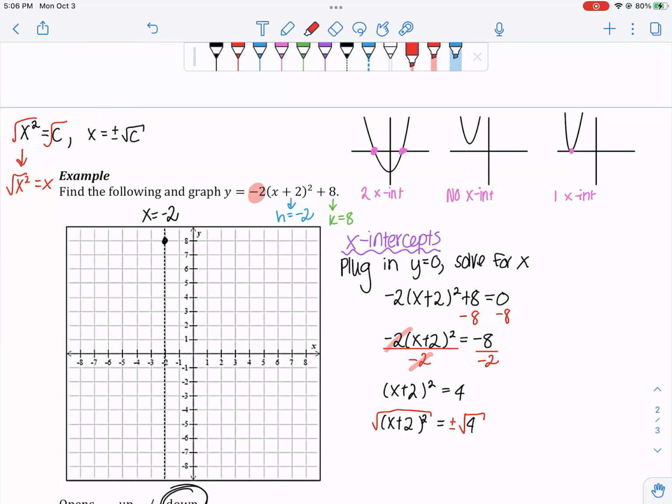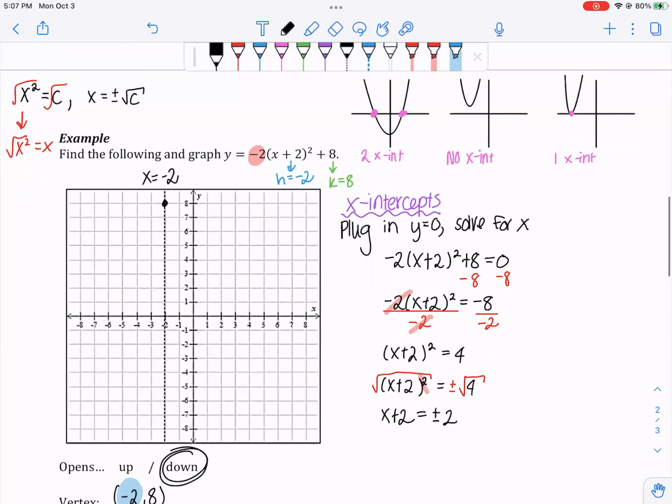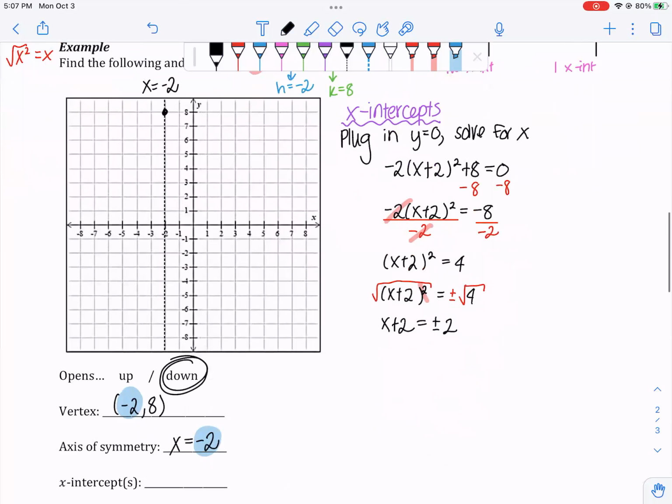Here, by taking the square root of a square, it's going to cancel that square for us, and we'll have x plus 2 by itself. x plus 2 equals plus or minus 2. That splits this into two separate equations, one with the plus and one with the minus.